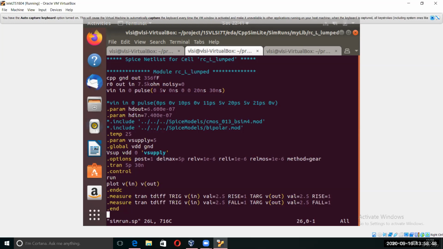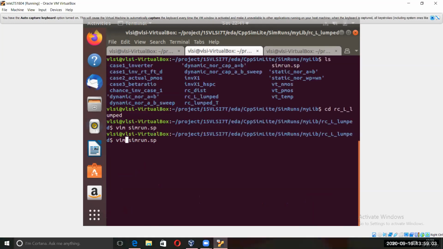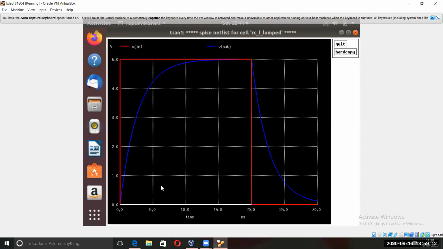Okay, understood till this one? Yes. Okay, so now just simulate it. You're getting this, this is the input and this is the output.